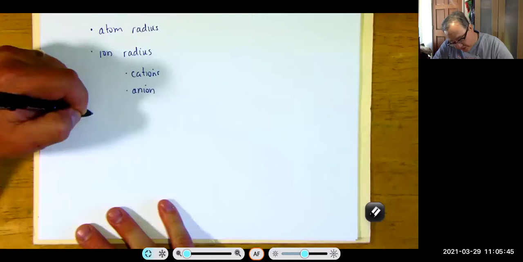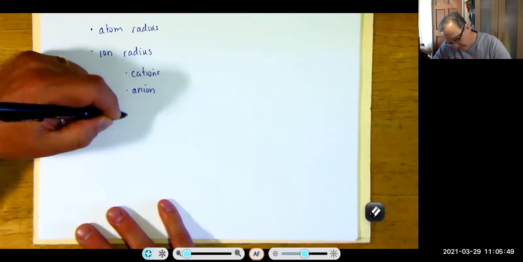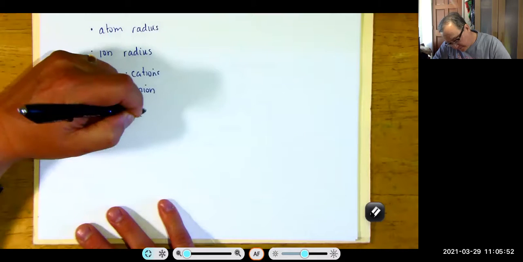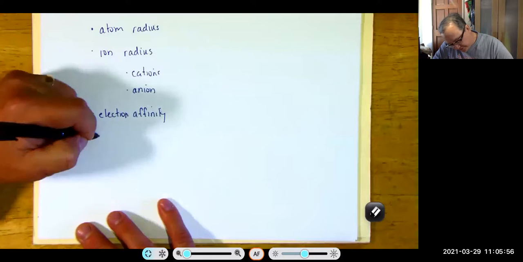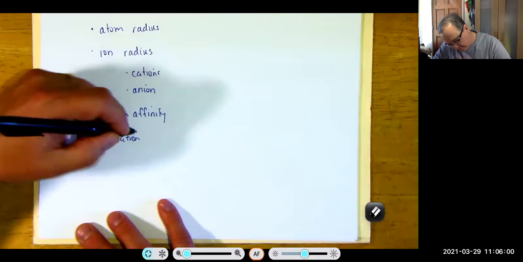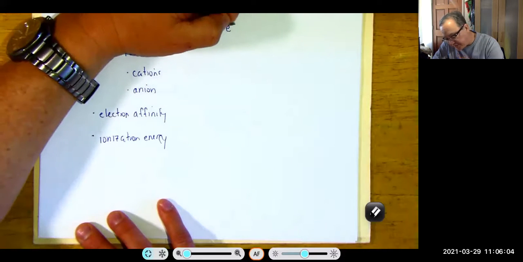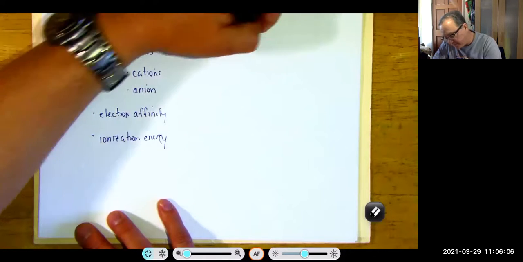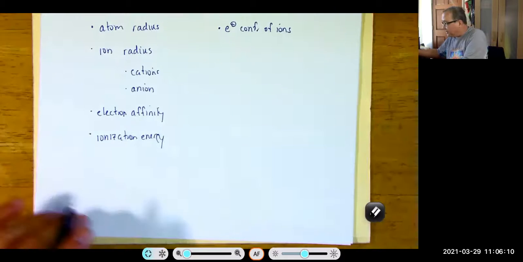We're going to look at electron affinity. We're also going to look at ionization energy. We're also going to look at electron configurations of ions.